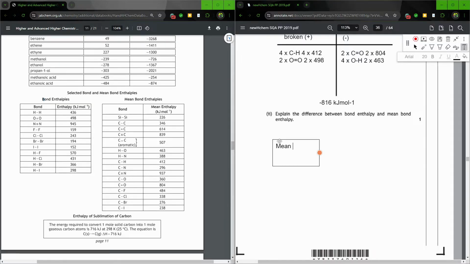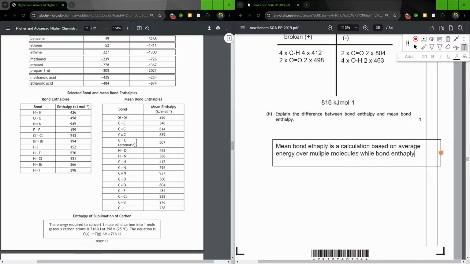So mean bond enthalpy is a calculation based on many molecules, based on the average energy over multiple molecules, while bond enthalpy involves one molecule.